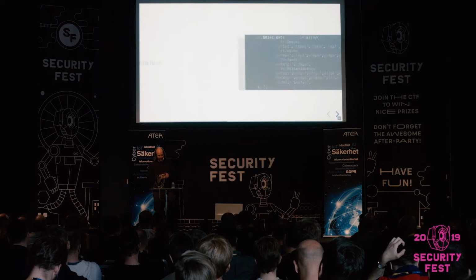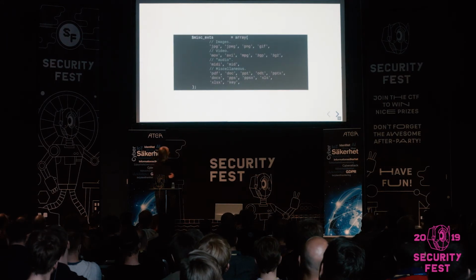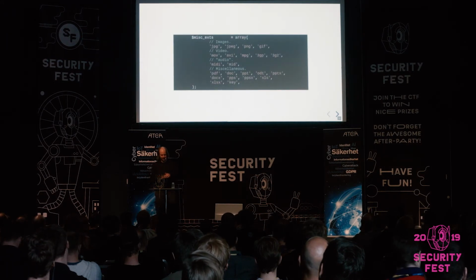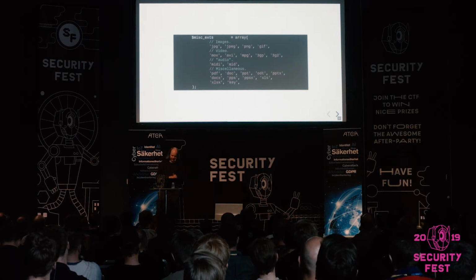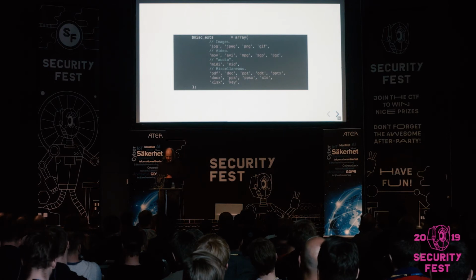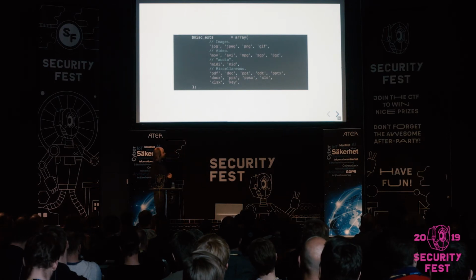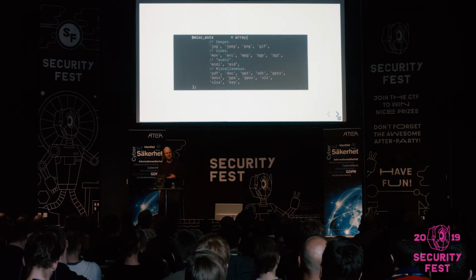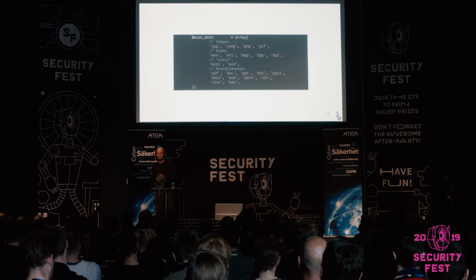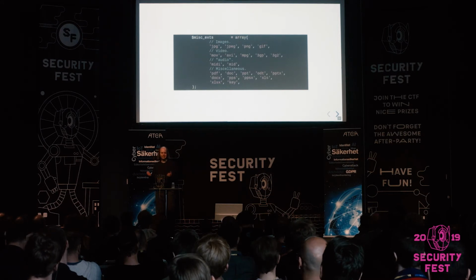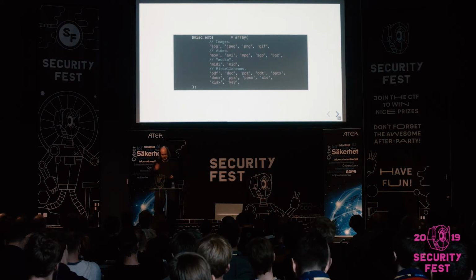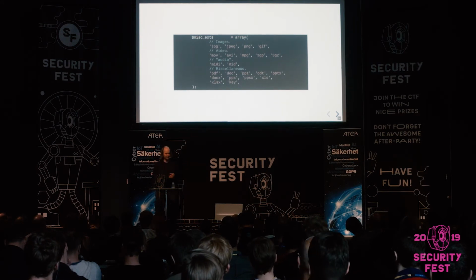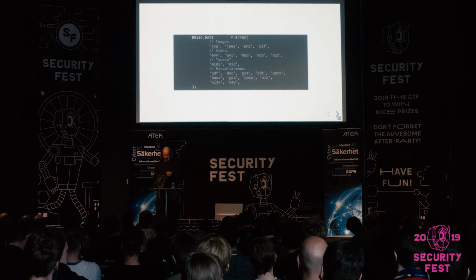And what's a media file in WordPress? Looking at the code, this is all what WordPress considers to be a media file. Plenty of file extensions. The one that I figured out was most interesting for us was the 3G2 file extension. It seems to be some ancient video format that was used by mobile phones in the past. I think I've never seen such a file in the wild, but you can upload it to a WordPress blog.